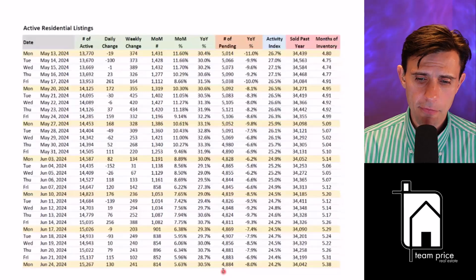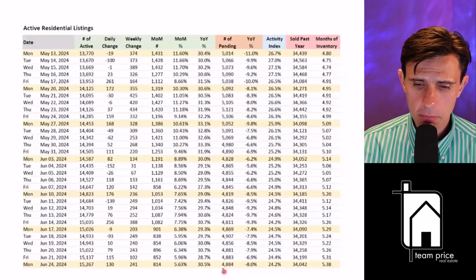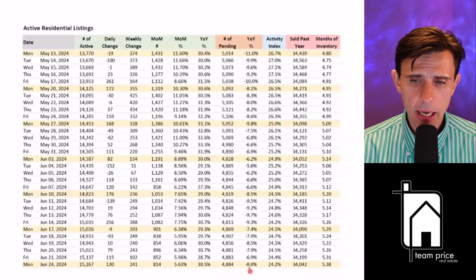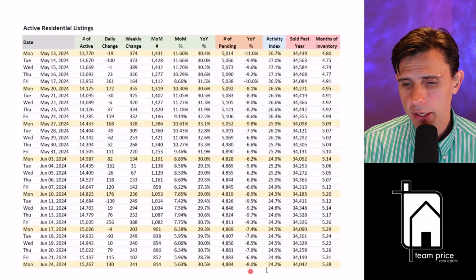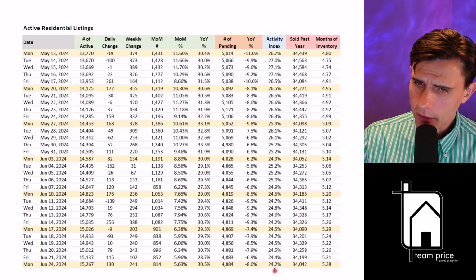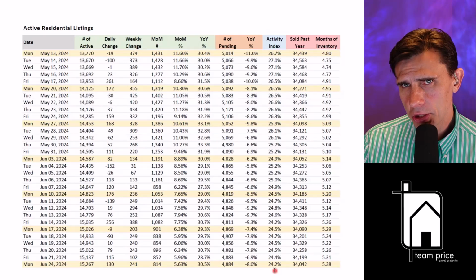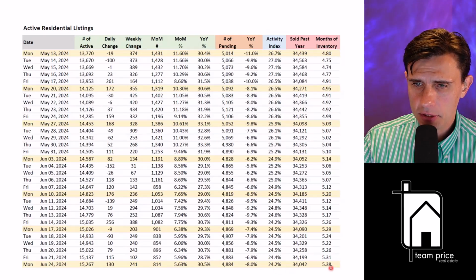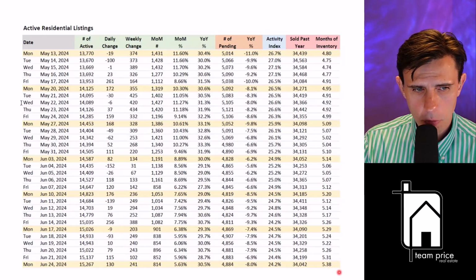We currently have 4,884 pending properties, one more than Friday. That's exciting, but we are down 8% year over year. Activity index at a fairly chilly 24.2%. That's going to give us months of inventory of 5.38.